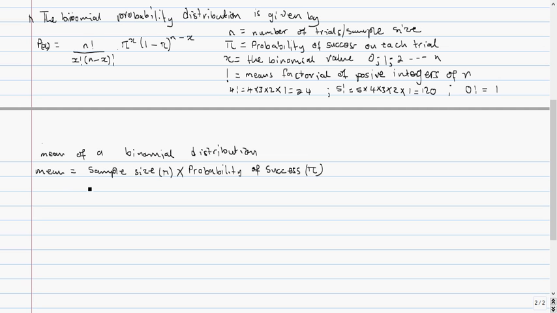So mean is equal to n times pi, like that. And so that's our mean, which is mu or expectation of x. So mean, which is expectation of x, is equal to n times pi, like that.